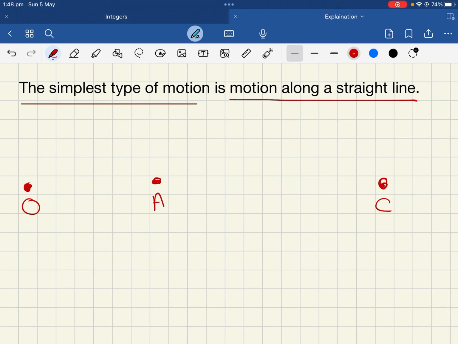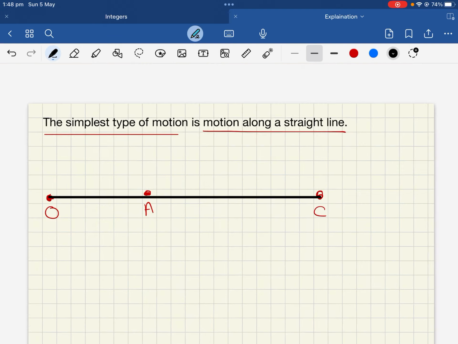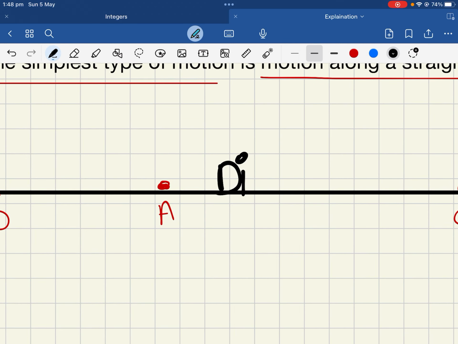Now, if the car travels in a straight line from point A to point C, then this is motion along a straight line, and this is also the displacement.